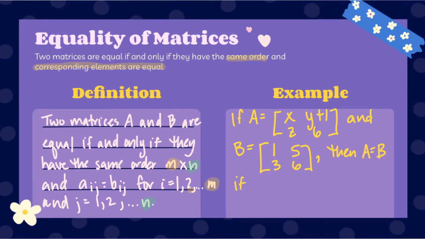if and only if x equals 1, because those two elements would have to be equal here. y plus 1 equals 5. z equals 3.